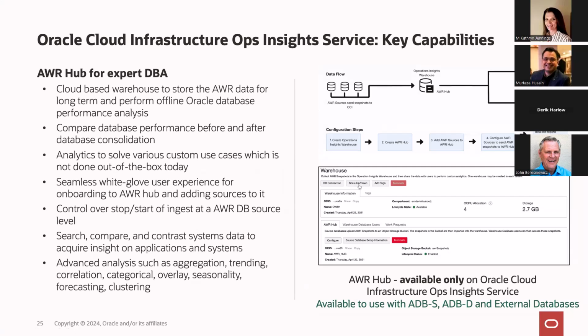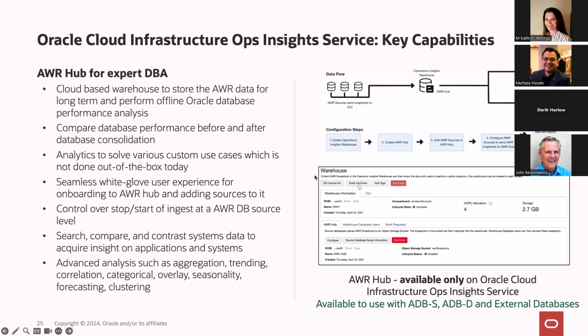And once you enable it and set it up, it basically ingests this data from the database sources, in terms of AWR snapshots, into this cloud-based data store. And from there, we have built applications such as AWR Explorer and AWR Hub Explorer to write your own queries and do out-of-the-box analysis on top of that, right?